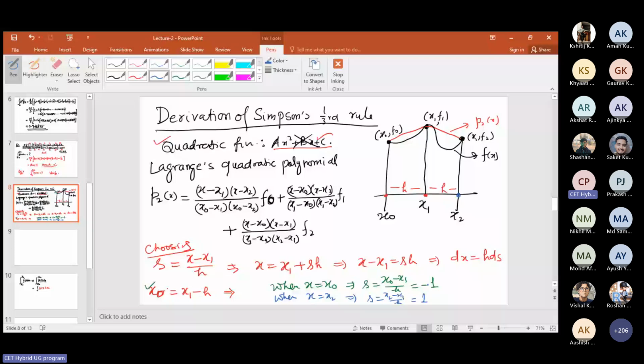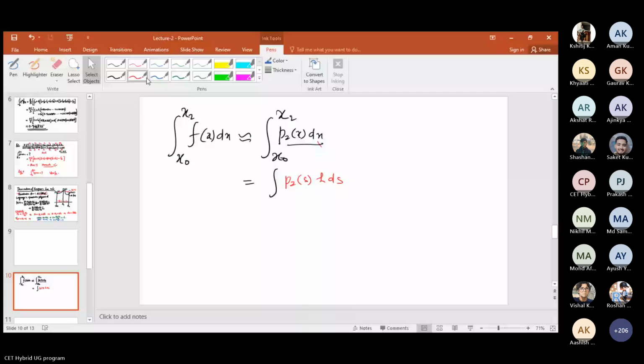So this integral will be converted to s equals minus 1 to s equals plus 1. Okay. So now the only thing I need to do is replace this p2(x) with p2(s). Okay?